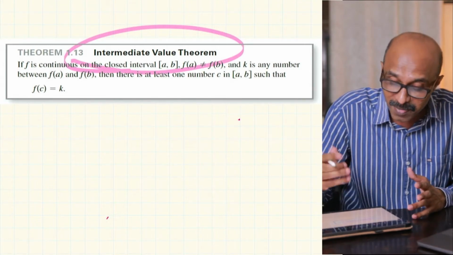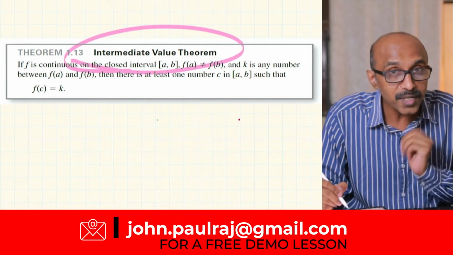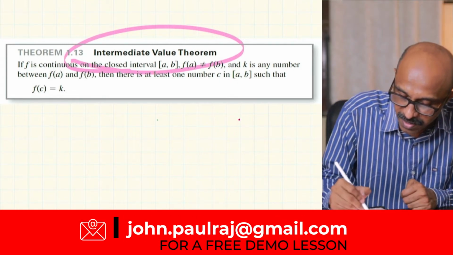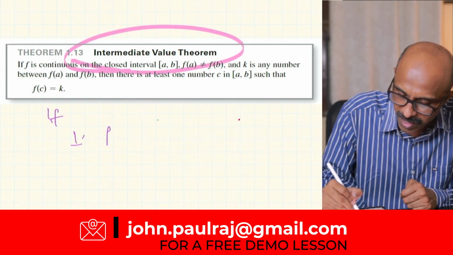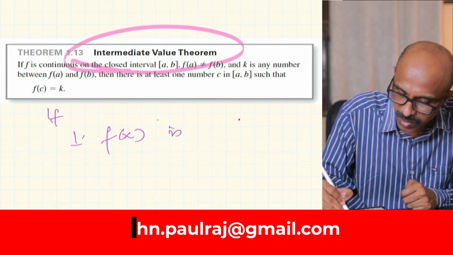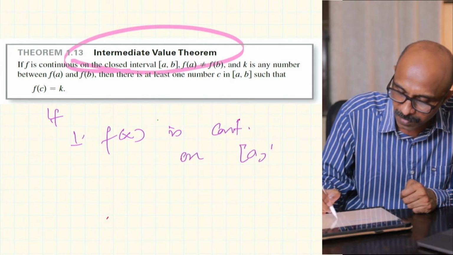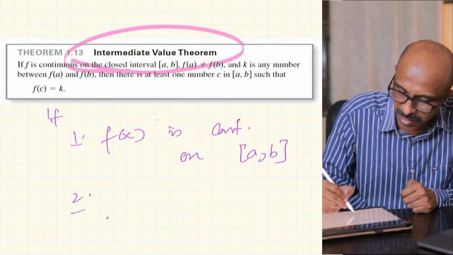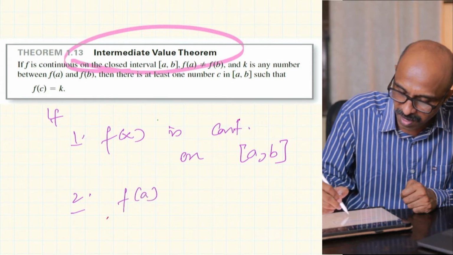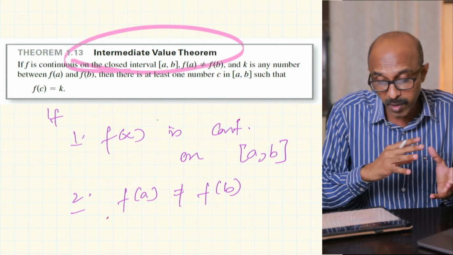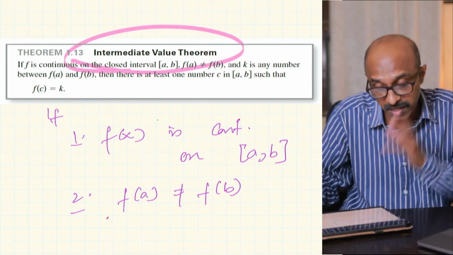So what is the intermediate value theorem? There are three important conditions for this theorem to be true. First, f of x is continuous on the closed interval [a, b]. Second, f of a is not equal to f of b, which means the value of the function at the left-hand point of the interval is not equal to the value at the right-hand point.